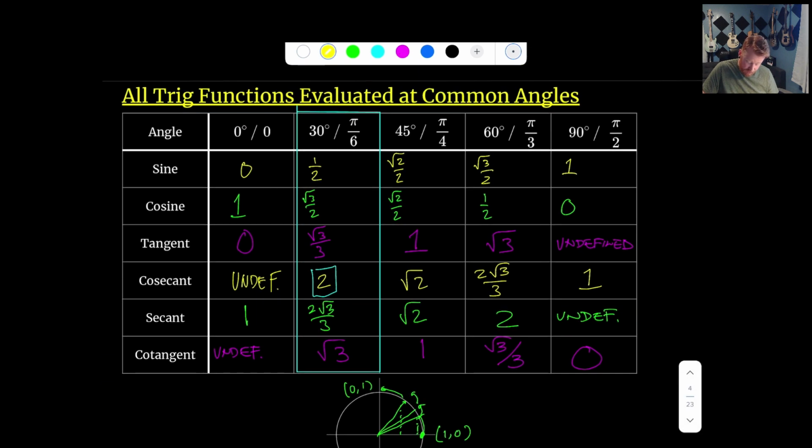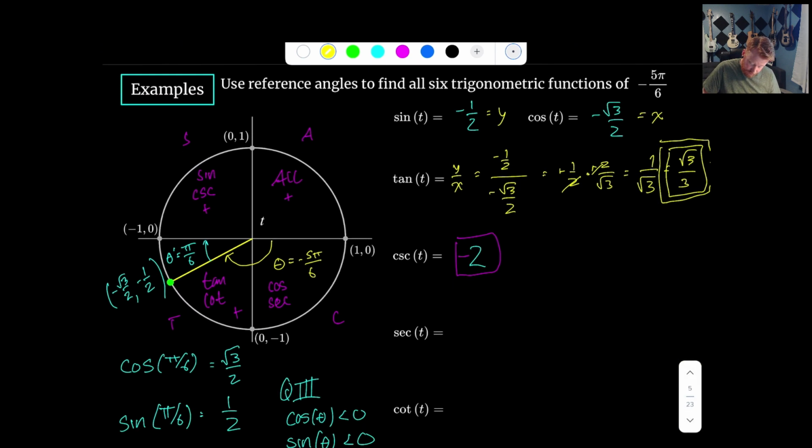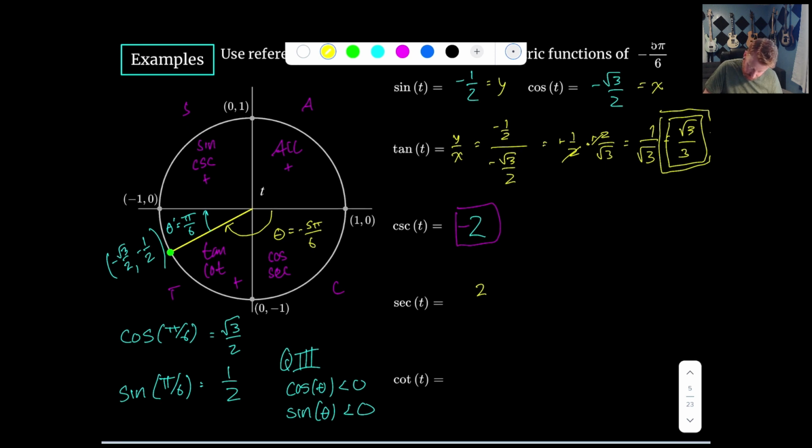So if I look back to our list here, the secant is going to be 2 square roots of 3 over 3. So if we look back here, I know this is going to be 2 square roots of 3 over 3. And then I just need to get the sign right. Since the secant is negative here, we need to put a negative in front of it, and there we go. So without needing to do too much work, we'll get the value that we need here.